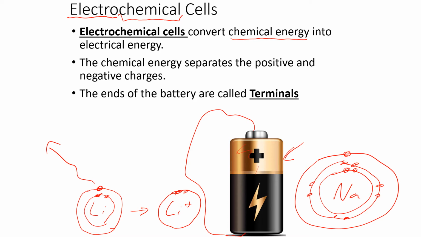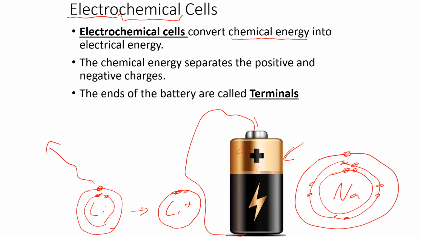It is able to send its electron to this side if it can let this electron leave one side and it goes through the wire. And as it goes through the wire, we may stick a motor there or a light bulb there, and it'll do a little bit of work for us by turning on the light or making the motor run. And then it'll get rewarded by allowing that electron to return and react with something else.